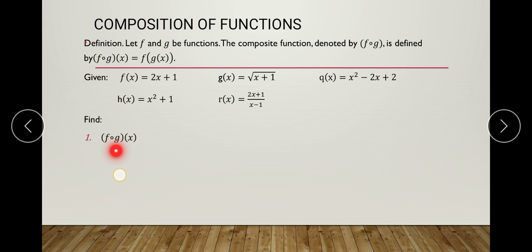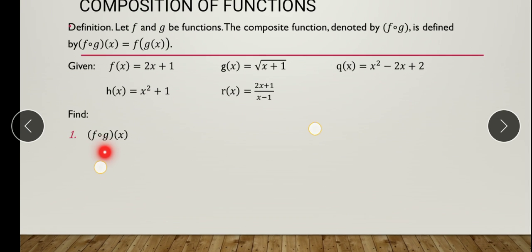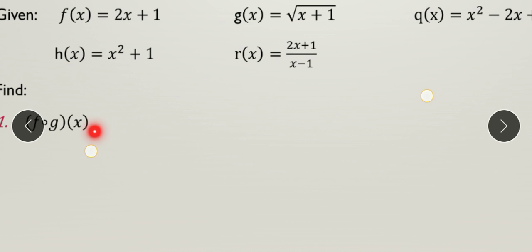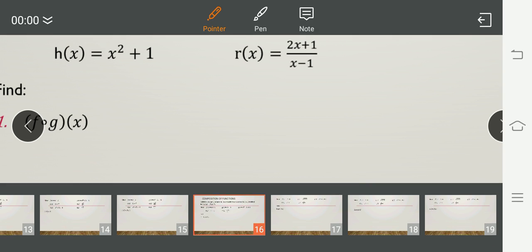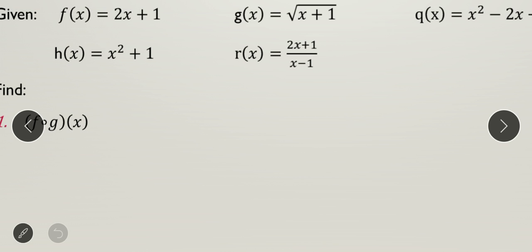As you have observed, this f composite of g of x is actually the same as the definition. So therefore, we are going to make use of the f of g of x, which is the corresponding equation on the right side. Now, based on the definition, this is now equal to f of g of x.